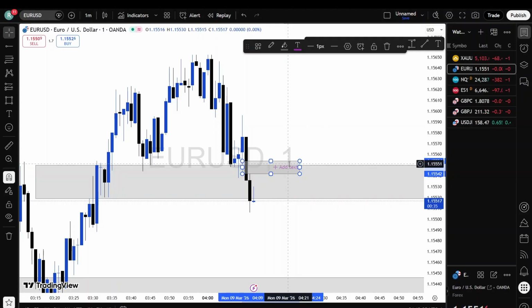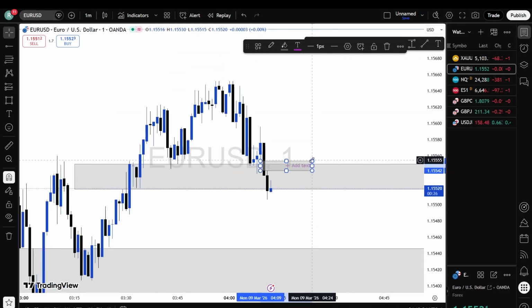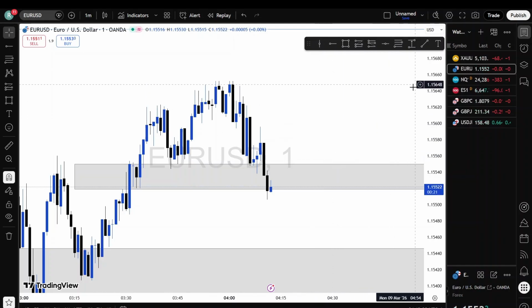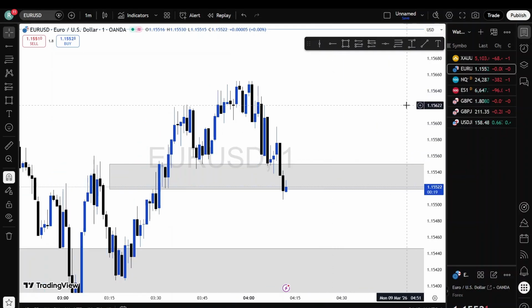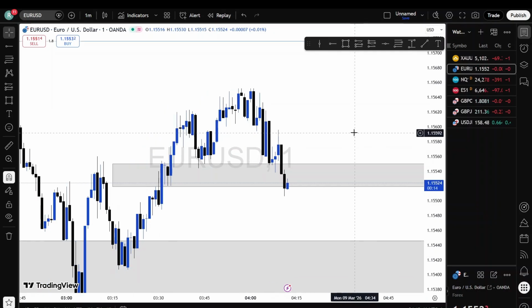That doesn't mean I will jump to the bearish side just because of that 1 minute FVG. It might work, but the probability is lower if we look at the bigger picture in 15 minutes time frame, or even in 1 hour time frame. So bigger picture is still bullish.